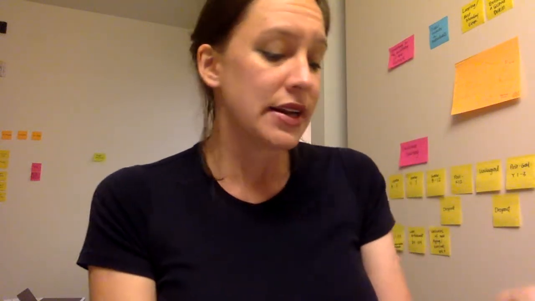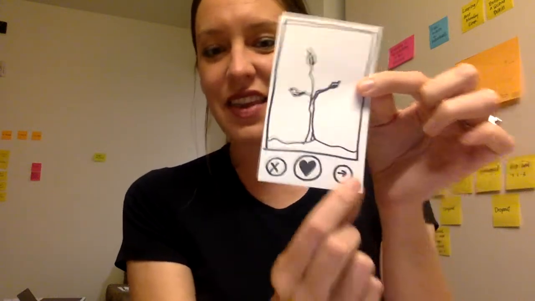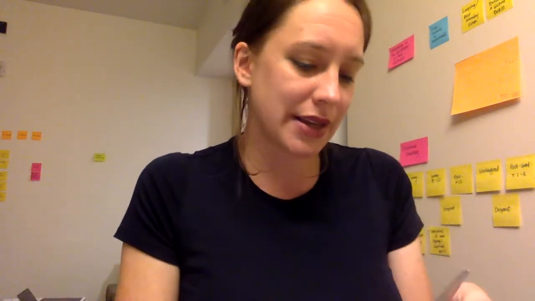And the other way that you can use Post-its is, let's say that somebody really didn't get the love, don't love thing I had going on here. Or let's say that while I was playing around with it, I decided I don't really love the whole idea of the next button.